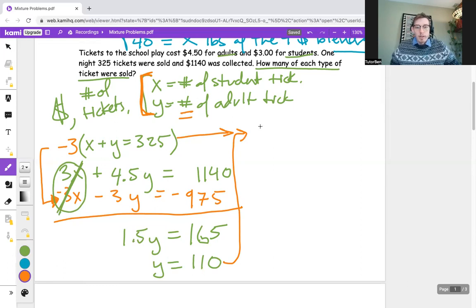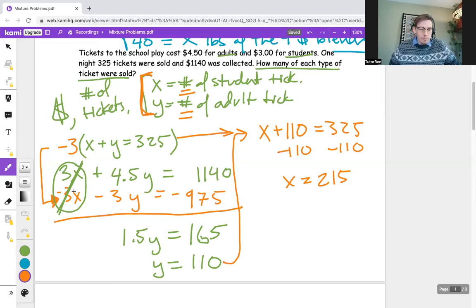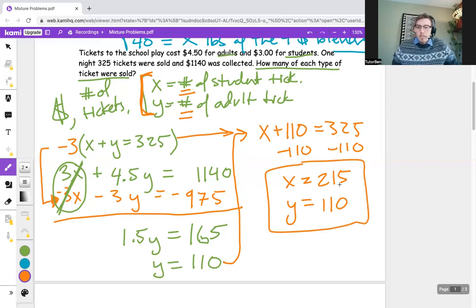So now we have x plus 110 equals 325. We subtract the 110 from both sides. We get x equals 215. Again, we go back to how we defined our variables. X is the number of student tickets. So the number of student tickets that were sold is 215. The number of adult tickets that were sold was 110.